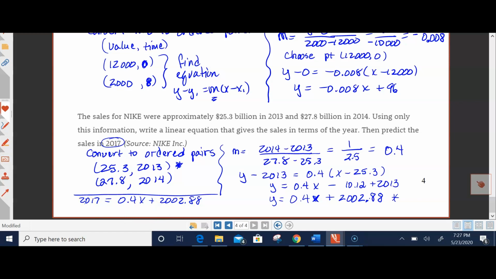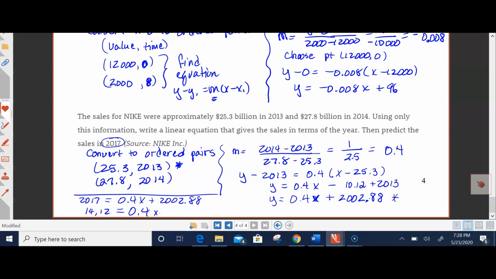When I do that, let me see what I got on my calculator. I end up with 14.12 on the left equals 0.4x on the right. And to solve for x, I need to divide both sides by 0.4.